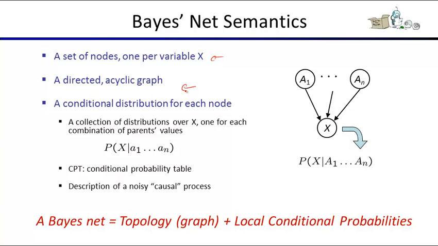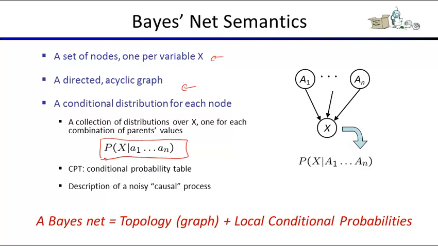That's a restriction. We're not allowed to have cycles. Then for each node, we look at the parents of that node and associate with the node a conditional distribution that is the conditional of that node given all the parents of that node. So that's the conditional distribution we store with a node.